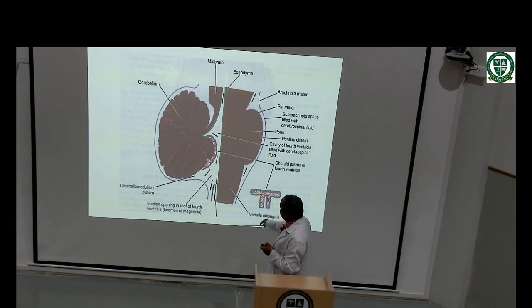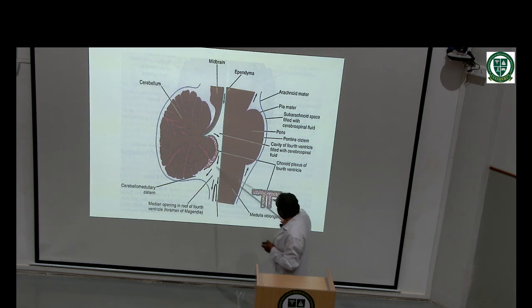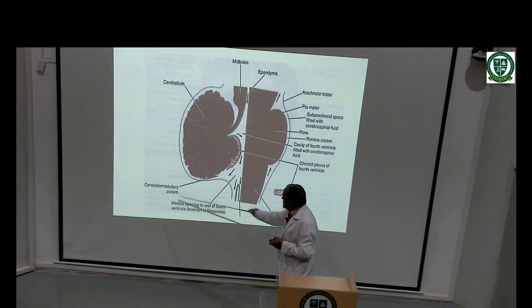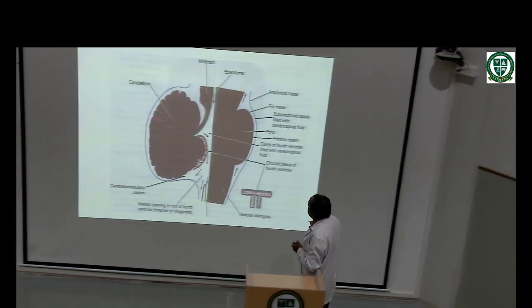In this diagram we can see the foramen of Magendie. At the lower part in the midline you have the opening. Through this it communicates with the cerebellomedullary cisterna, or cisterna magna.